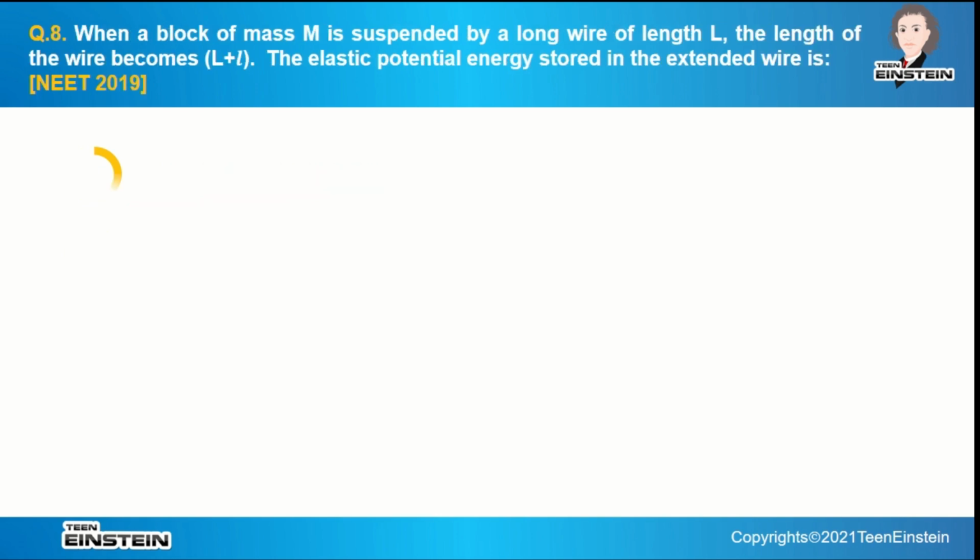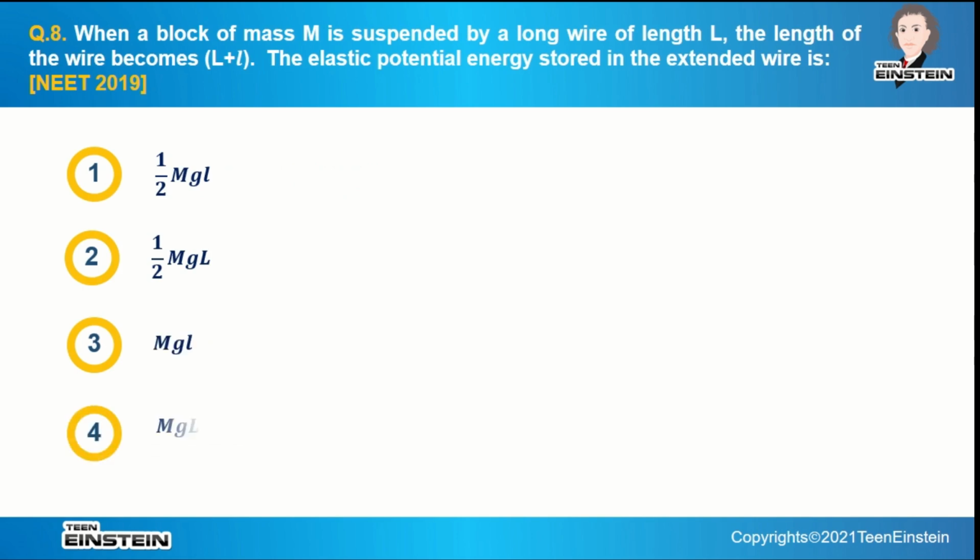The next question is, when a block of mass m is suspended by a long wire of length L, the length of the wire becomes L plus l. The elastic potential energy stored in the extended wire is, so they want us to find the elastic potential energy stored in the wire.